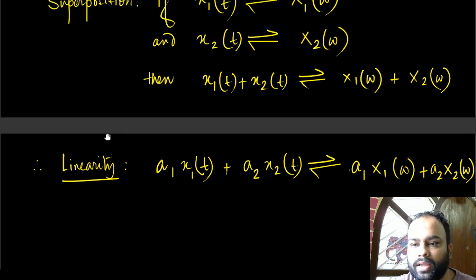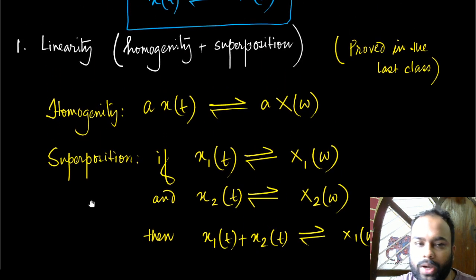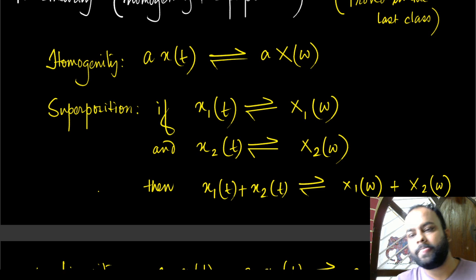That's the linearity property. We did prove this in the last class, so I'm not going into the proof, because this is a very important property.